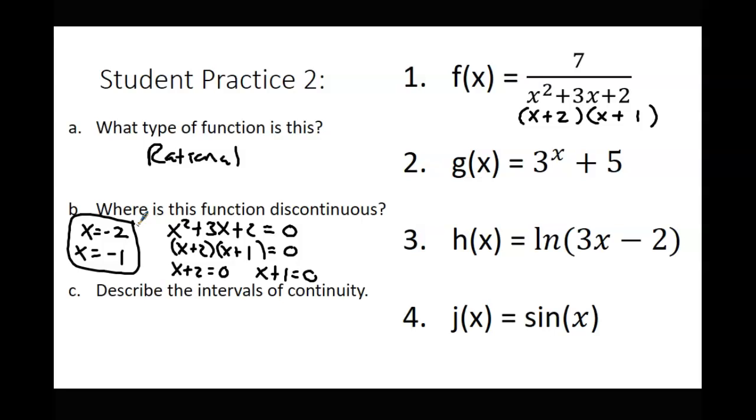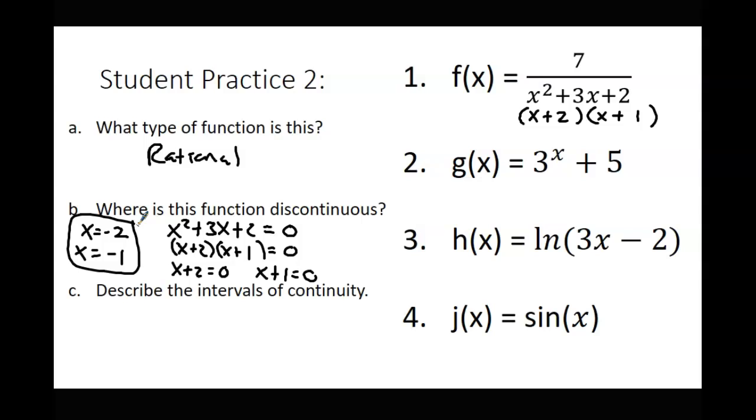Where would this thing be continuous then? I'm going to say what she said. She said all x for which x is not equal to -2 and -1.